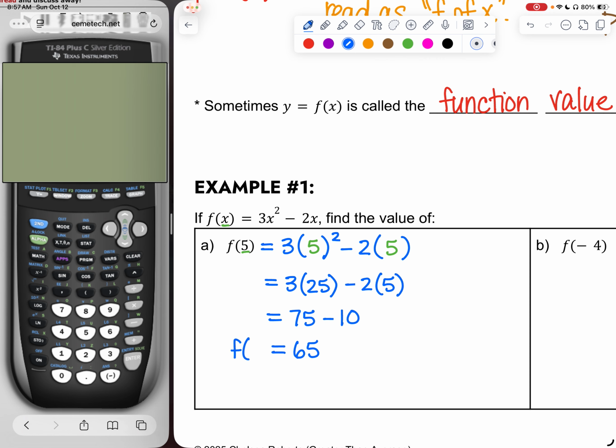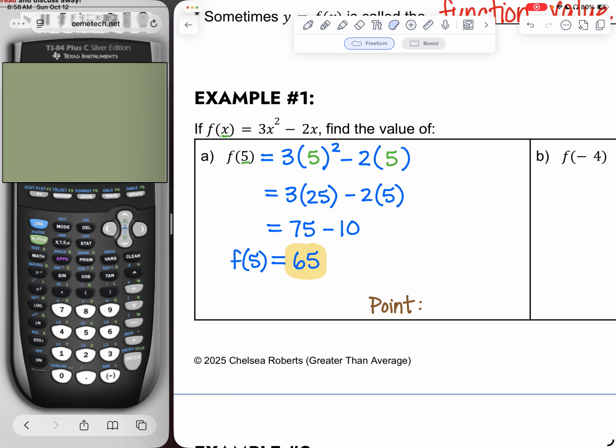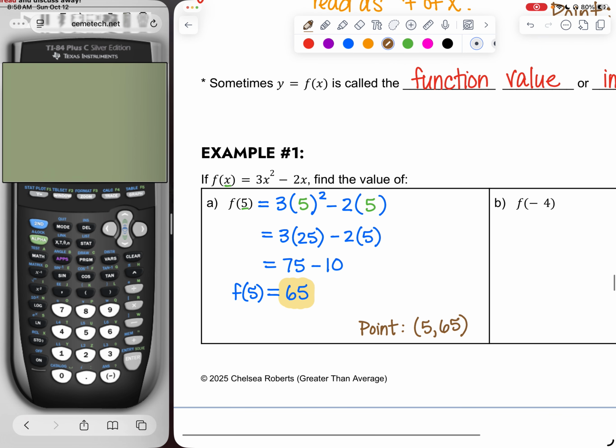So here, f of 5 is equal to 65. Now, if I want to write that as a point, the point that represents this is going to be (5, 65). That's my point.